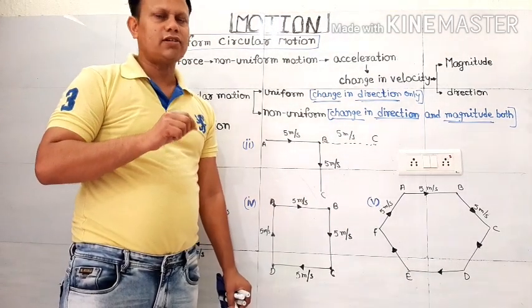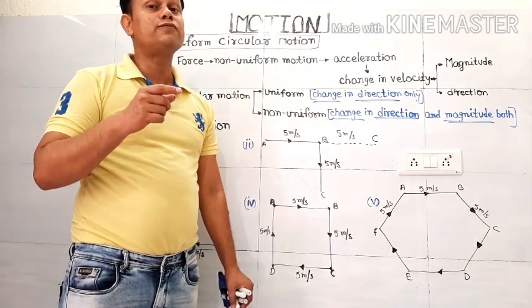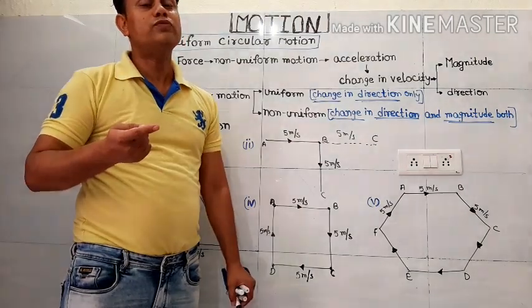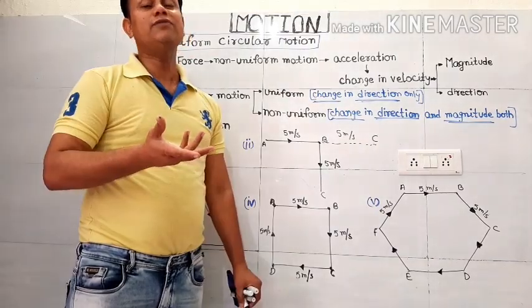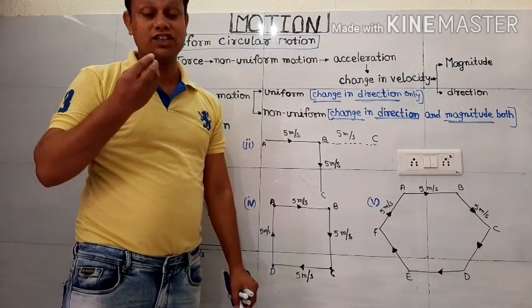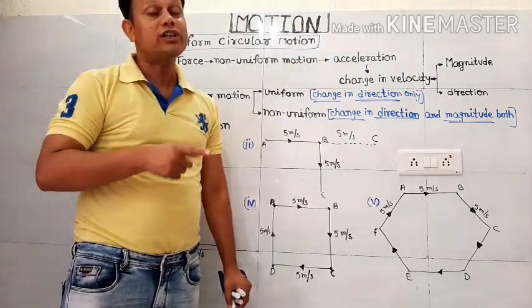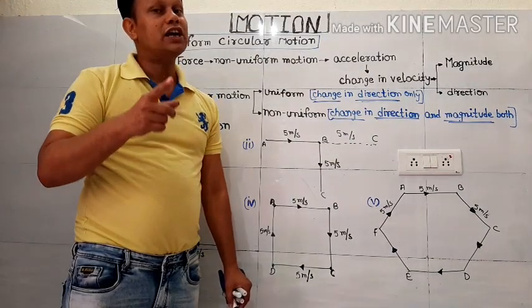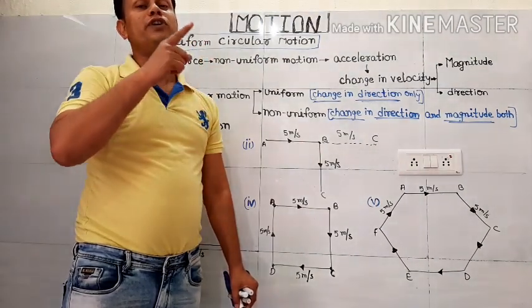So can we say that when the body moves on a circular path, it requires a change of direction all the time, and if a change in direction is required all the time, there should be a force all the time which keeps on changing the direction of the moving object.